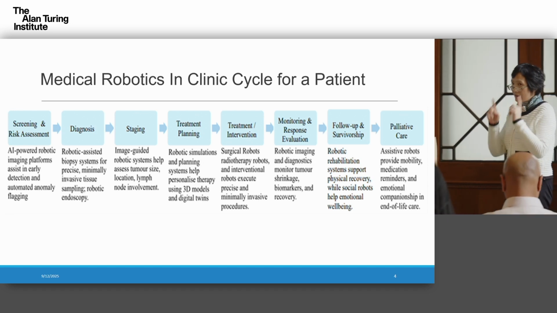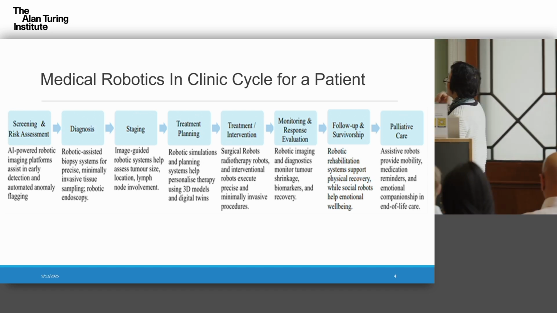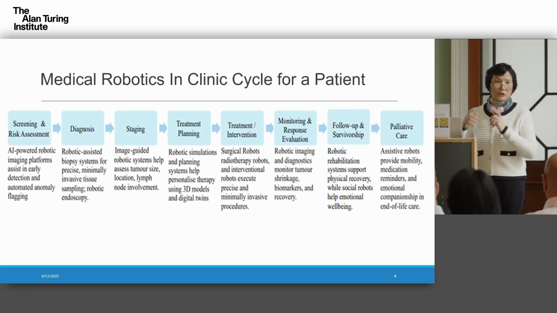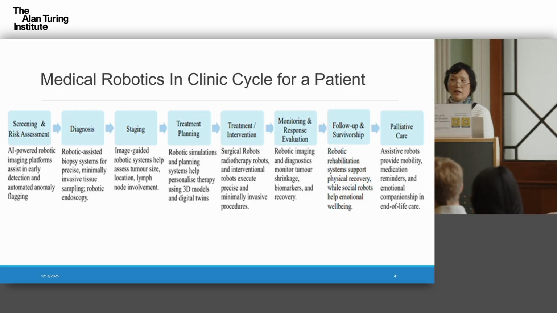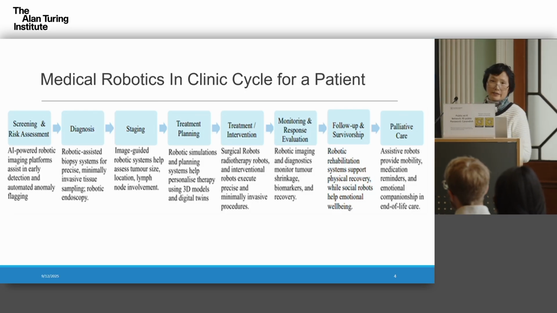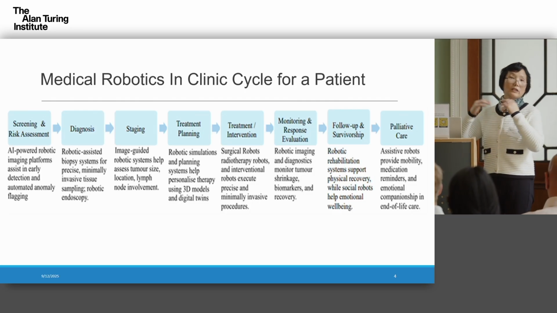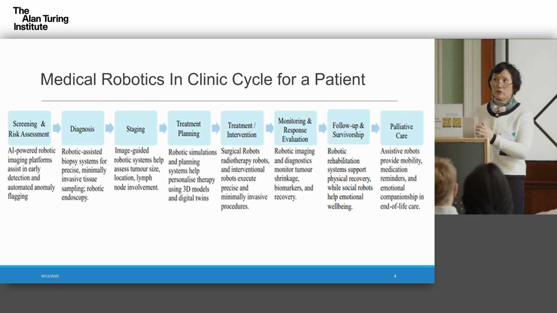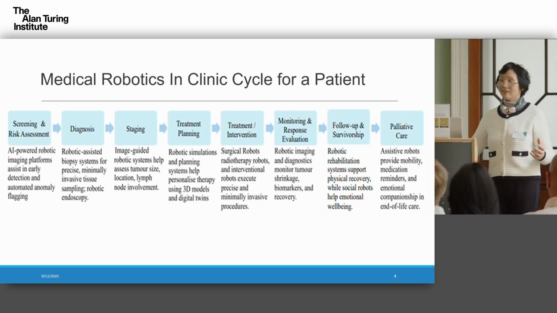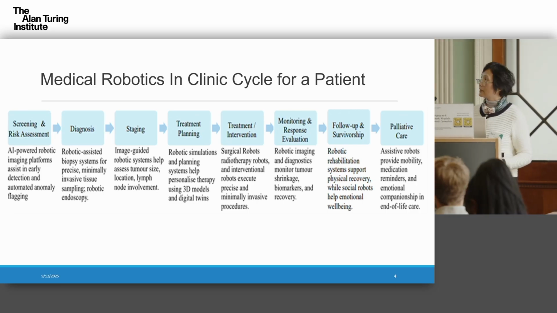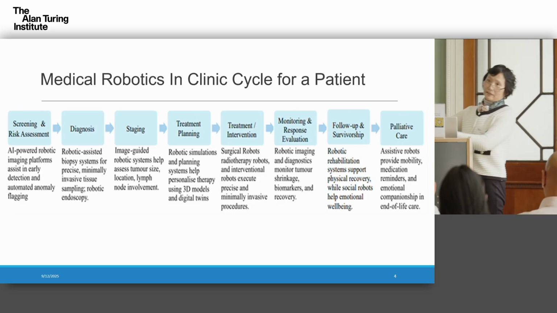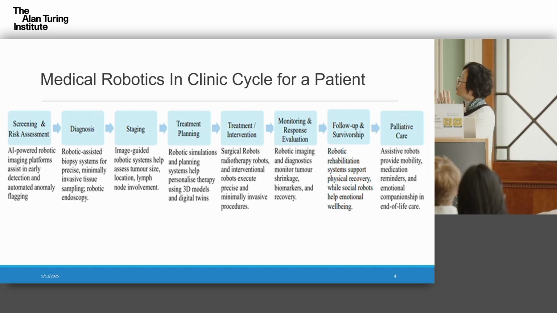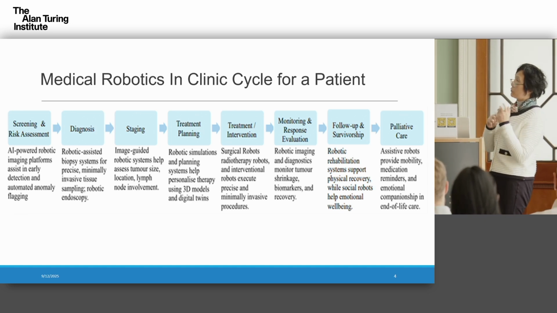There is also a new concept we call the clinical cycle for the patient. This is an increasingly used concept in clinical healthcare and research, especially healthcare design. Because we consider a human-centered ecosystem, we use the patient care clinical cycle, from the beginning, contacting the healthcare providers, then assessment, evaluation, diagnosis, treatment planning, and treatment intervention.